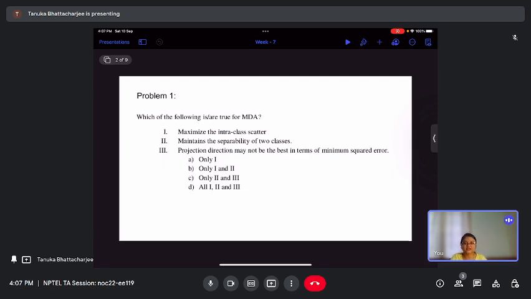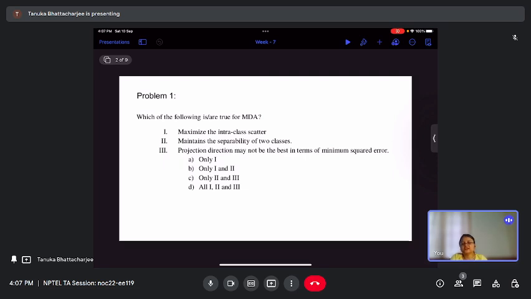So going by that logic, the first option is maximize the intra-class scatter. No, MDA doesn't maximize the intra-class scatter, because if you maximize the within class scatter, then there is more chance of overlapping between the two classes and there is more variability within the classes. We do not want that. We want the classes to be concentrated at some locations and the inter-class variations should be more.